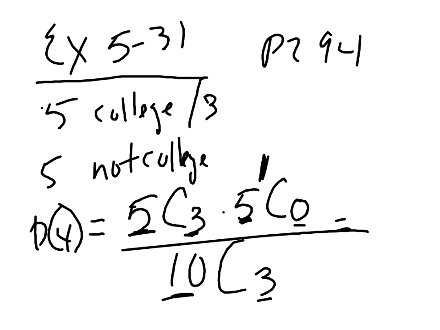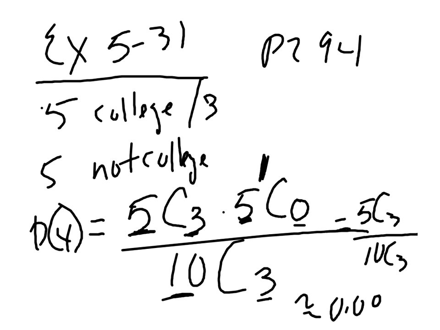So this turns out to be 5 combination 3 over 10 combination 3. And the book tells us that this is about 0.083. So there's about an 8% chance that all 3 applicants chosen have college.